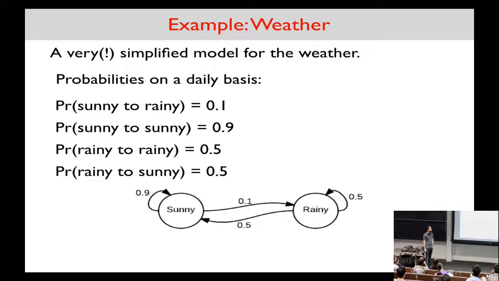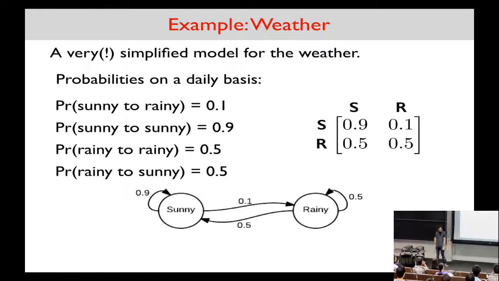I can equivalently describe this model as a directed graph, where I have two states, sunny and rainy, and these transition probabilities. If it's sunny, it will stay sunny with 90%, and become rainy with 10%, and so on.